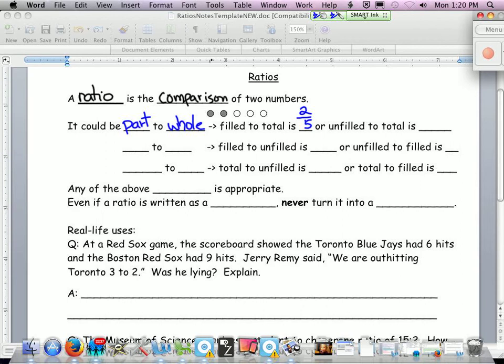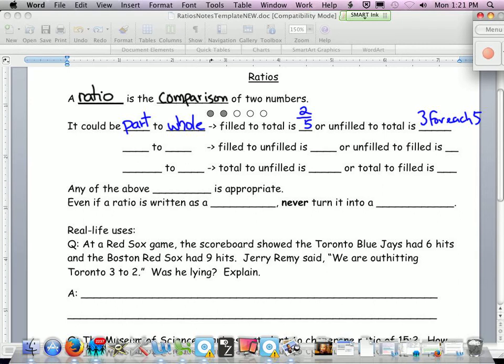But we could still see the fraction format even if it wasn't part to whole. We could see the unfilled compared to the total as 3 for each 5, or some phrasing of that sort. 3 for every 5, 3 per 5. All these different phrases could say I'm having 3 of these each time I have 5 of those.